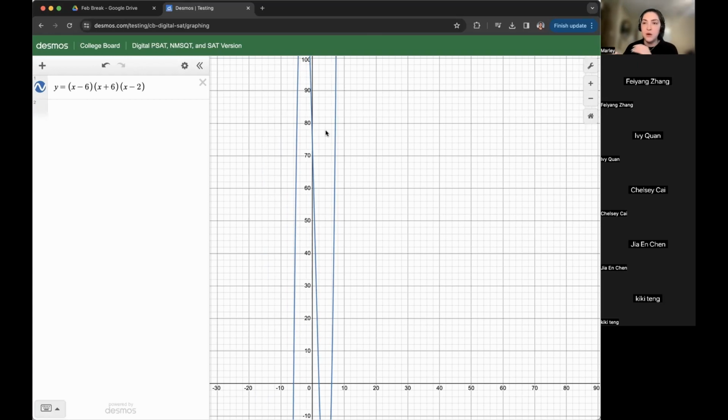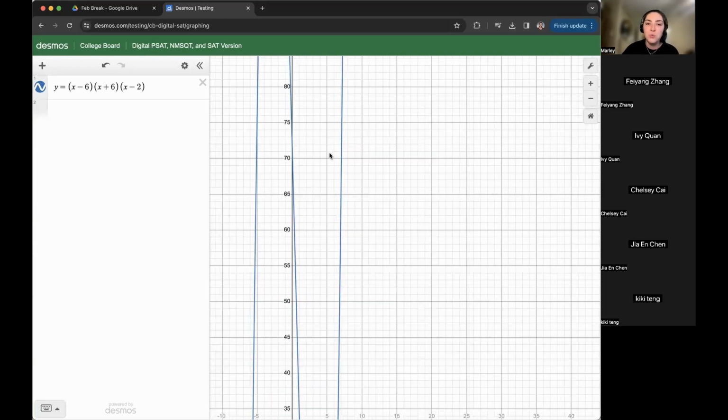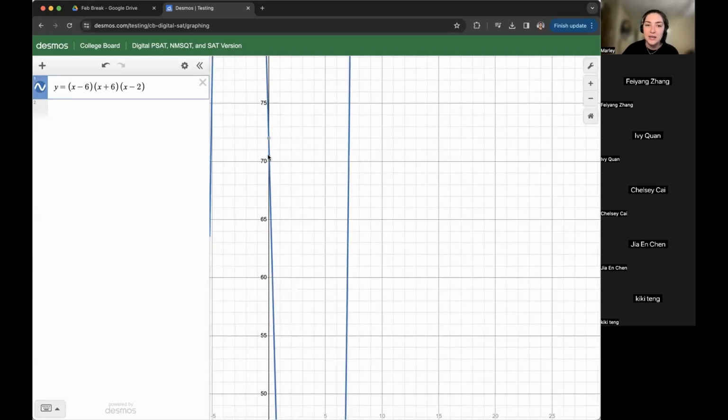So if they're saying g of 0 or f of 0, they want to know what's the value at the y-intercept. So luckily for us, Desmos is really nice. It shows us the y-intercept. It's (0, 72).